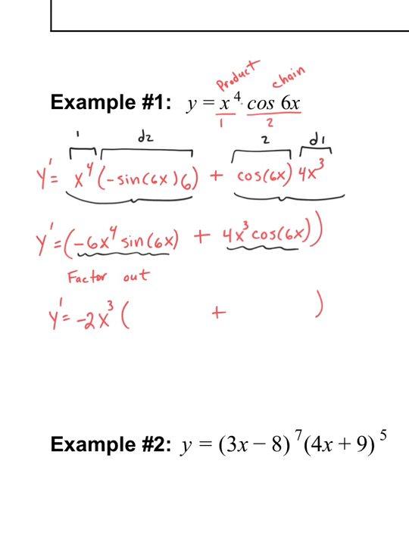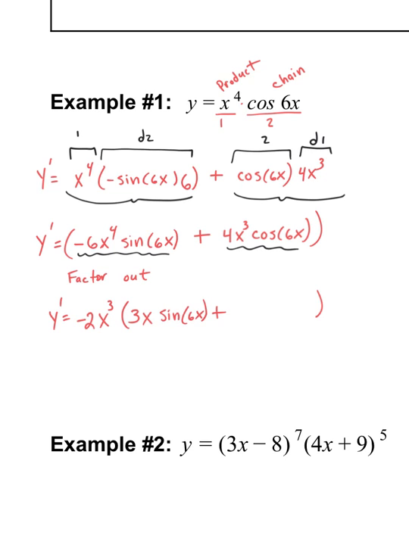All right, so when you're pulling out common factors, you simply divide each term by the common factors. So if I divide the first term by my common factors, well, -6 divided by -2 will give me a 3. x to the fourth divided by x to the third will give me 1x, and then I still have this left over, the sine of 6x.